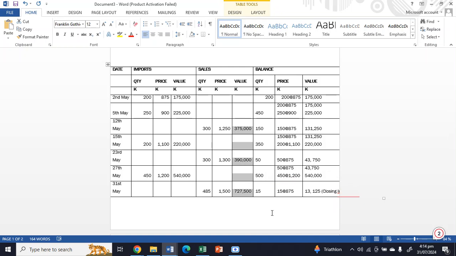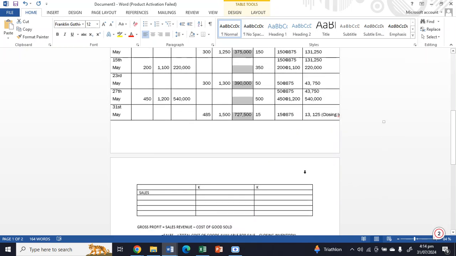So we made 1,492,500. That's how much we made in sales revenue.